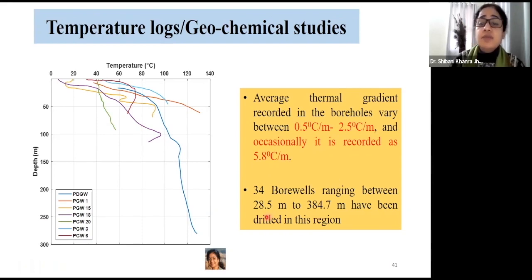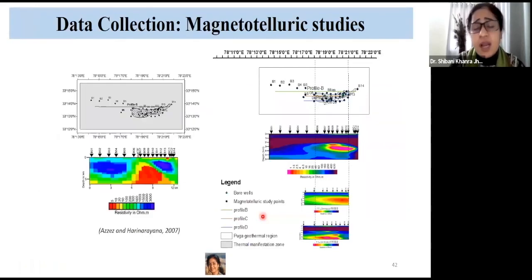Now, these bore wells were actually within a shallow depth, ranging from 28.5 meter to 384.7 meter. So again, there was another information base available in terms of the magnetotelluric study, which, as I told you, is resistivity data for the entire zone.